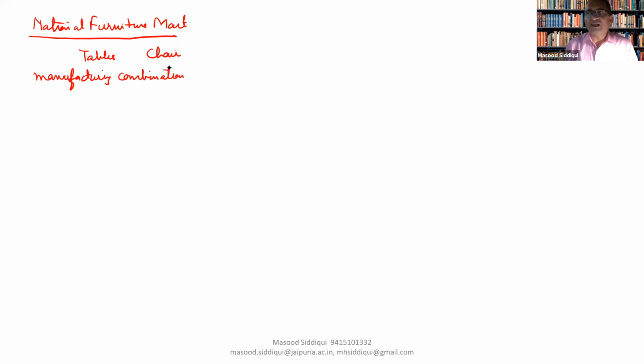That is required. It means they want to produce both. It is not a question of whether to produce tables or chairs. They want to produce both, but they only want the manufacturing combination. So these are the two competing activities, and we try to determine the levels. Here the question is not related to yes or no. The question is related to level. So this is the first thing under consideration.